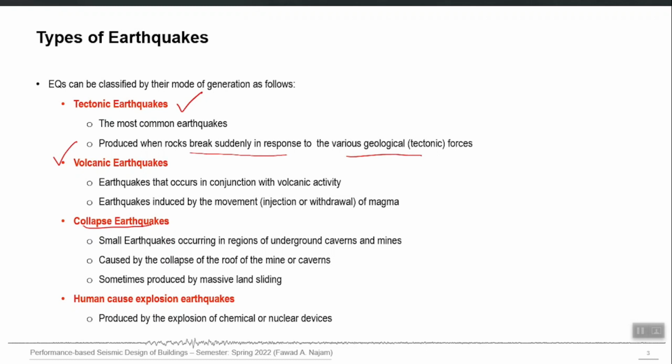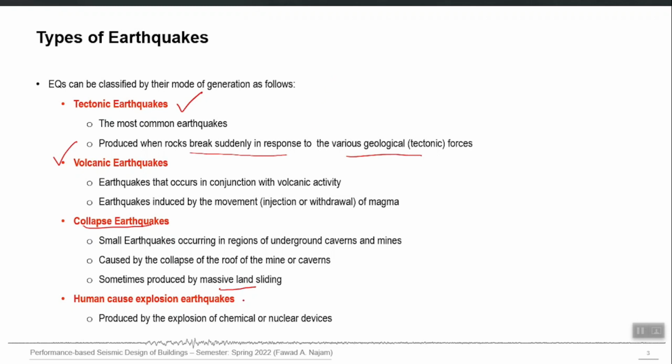There can be, you can say, hollow areas or rooms in different mines or certain structures of land which can just settle. They can also be caused by massive landsliding. Sometimes a sudden movement of one piece of land can also cause an earthquake that we can categorize under these collapse earthquakes.